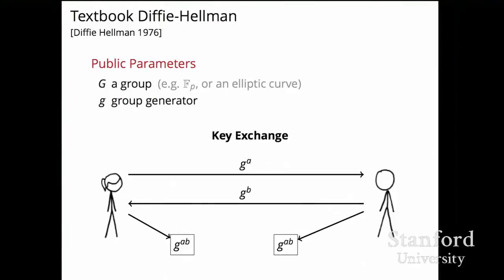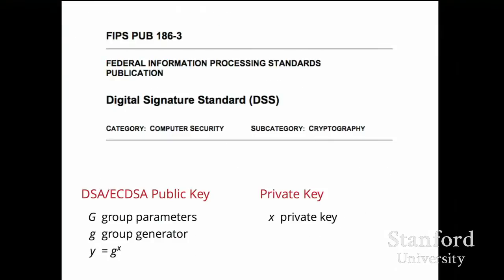Okay, so the security of Diffie-Hellman is based off of the discrete log problem. So a different cryptographic hardness assumption from RSA. There's also a signature scheme, the digital signature algorithm. This is the US federal standard. And its security is also based off of the hardness of discrete log, either in a group mod some prime or an elliptic curve group.